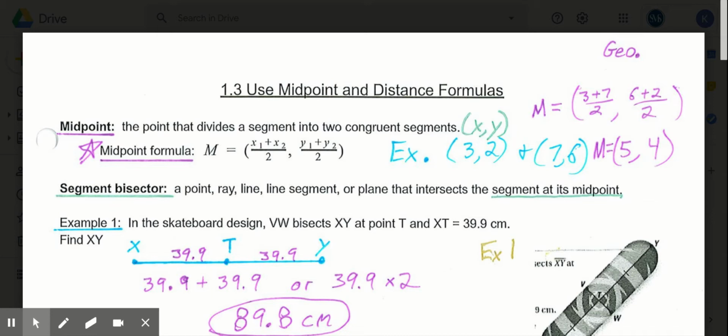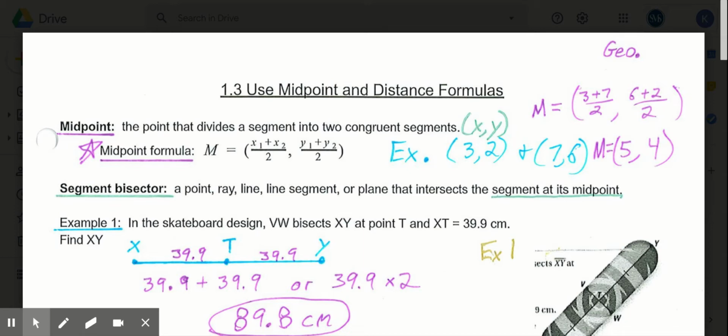So obviously from the title, you can probably guess that we are going to be looking at two main ideas, one being the midpoint and midpoint formula, and the other being the distance formula. To start with the midpoint, we first have to make sure we understand the definition of a midpoint.